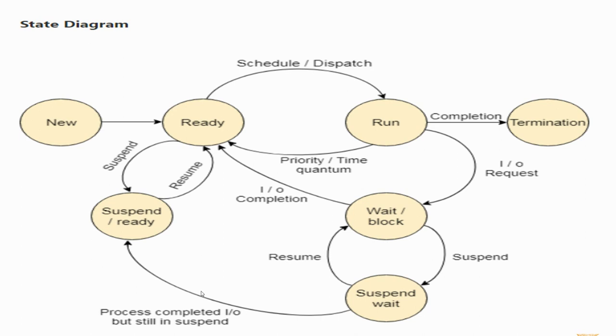Now, let us see what will happen from the ready state. From the ready state, as I have told you, the short term scheduler will pick up the process and give it to the CPU, which is the run state.